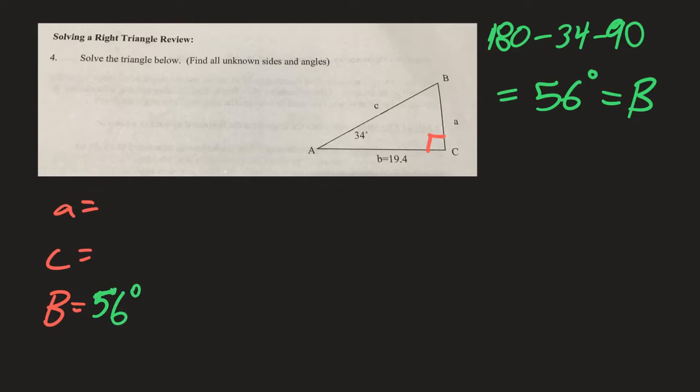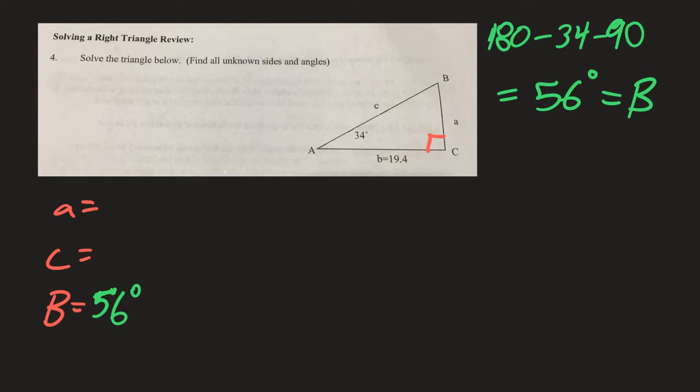All right, and from here, now that I've gotten that angle, we have all the angles. We can just use our sine, cosine, tangent setups to help us solve these. I'm just going to go ahead and show you the setup for tangent to solve for A, though there are multiple ways to get to this answer.